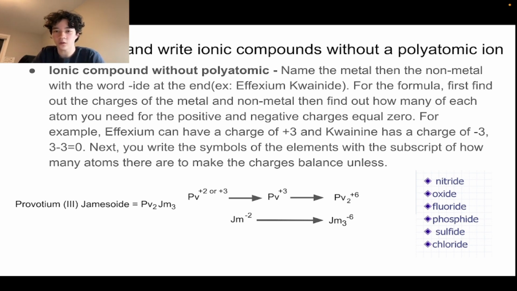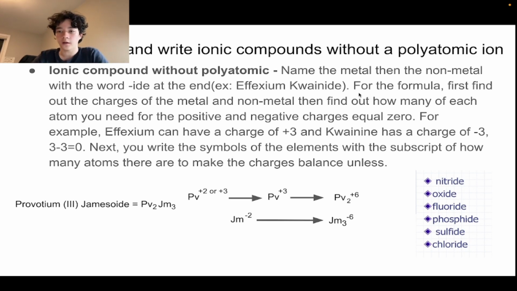It's kind of weird with the actual elements, like down here, oxide, you're not really replacing the last 3 letters with "ide". It's more like the last couple of letters, but you'll probably find that out through your teacher. Anyway, this is the example: Efexium quinide. I showed you this before, but the "ide" ending is really important.